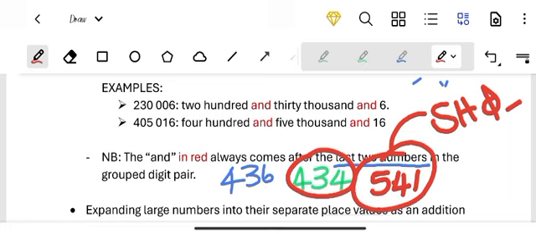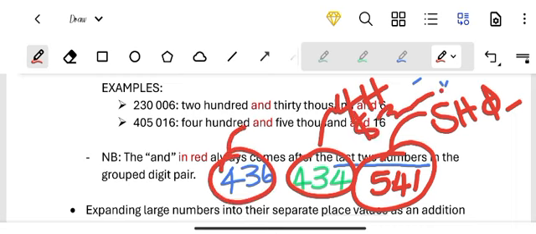If I'm dealing with that, I'm going to say 434. If I'm dealing with that, I'm going to say 436. I hope this is making sense.